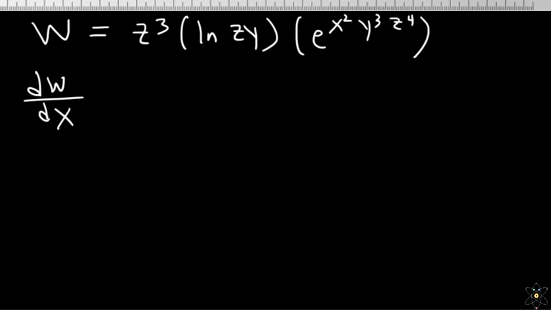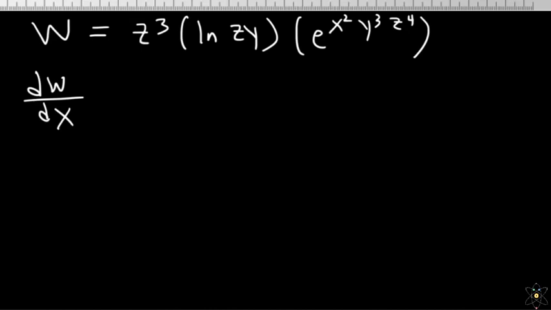And the derivative of e to the u is e to the u times u prime. So it's going to be the same thing, e to the x squared y cubed z to the fourth, times u prime, or the derivative of x squared y cubed z to the fourth. x squared is the only variable, so we just differentiate that part, which is 2x, times the constant y cubed z to the fourth. So that's dw/dx.